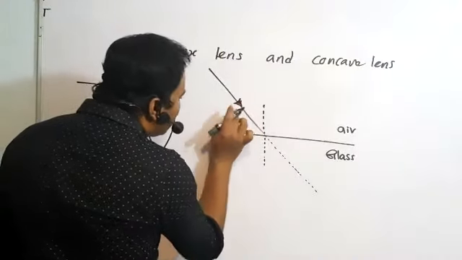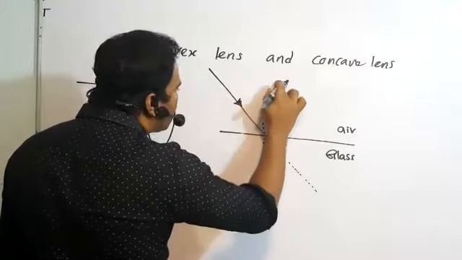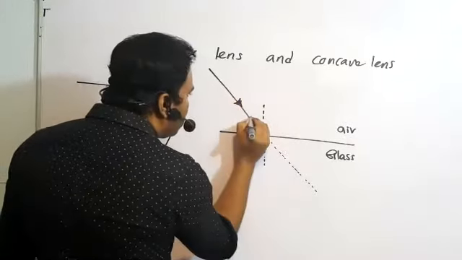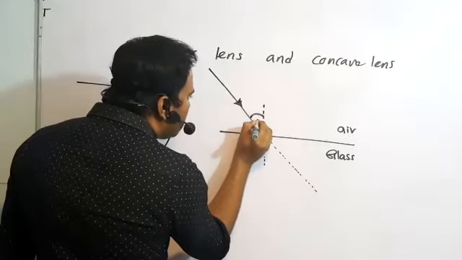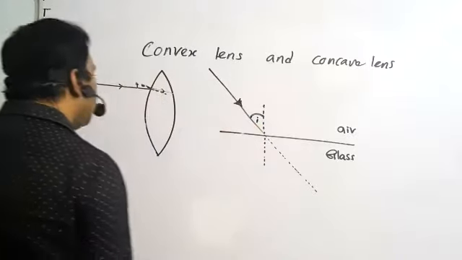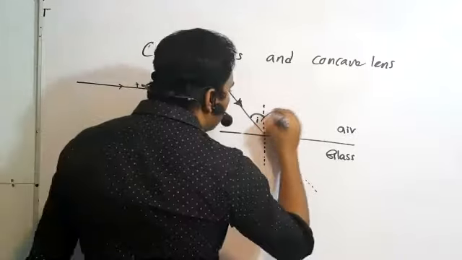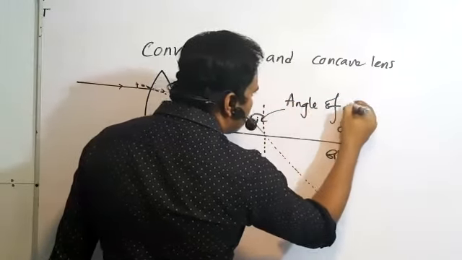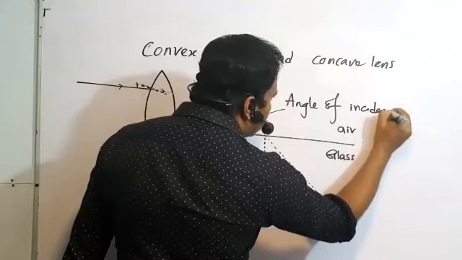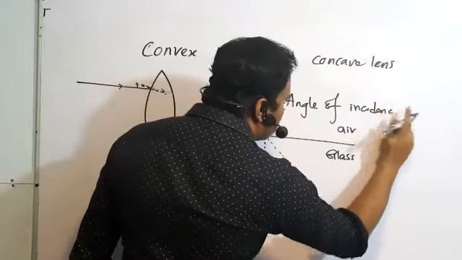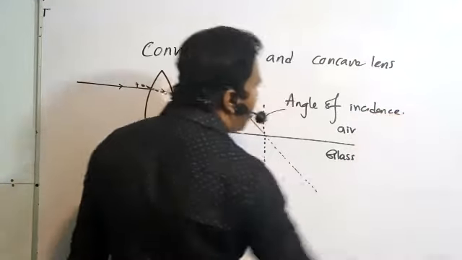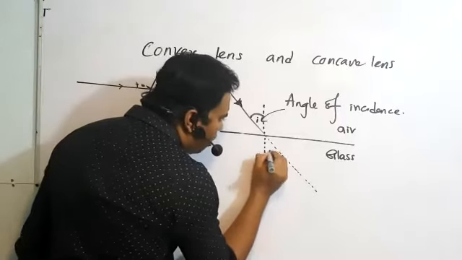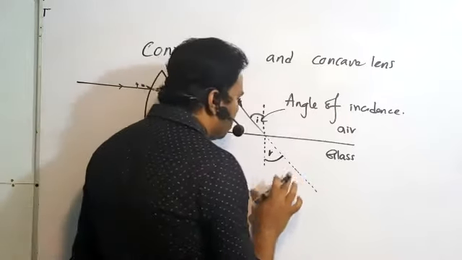So this ray is known as the incident ray, and this angle is known as the angle of incidence. And this is the angle of refraction.